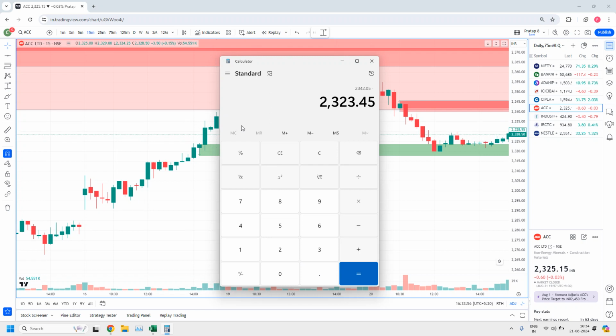Let me verify once again. The close of the candle, 2323.45. So 18 rupees 6 paisa.